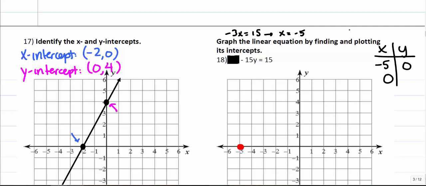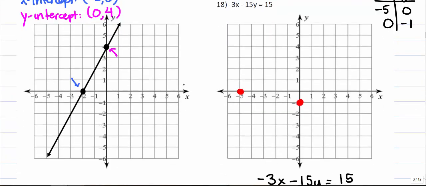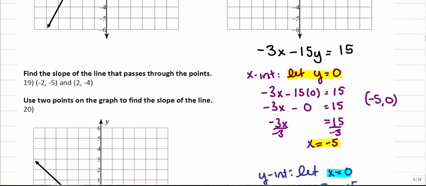And so that means I have -15y equals 15, so y equals -1. And so that would be the point down here at 0, -1. And so that's just a quick way of doing the steps so that I'm not going through this whole long process here.